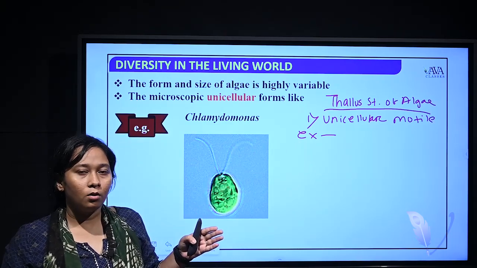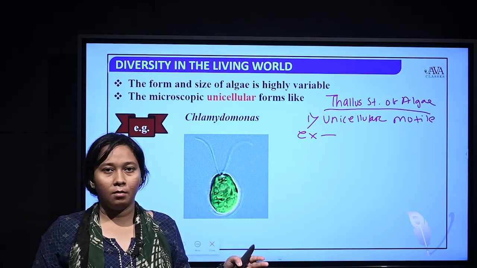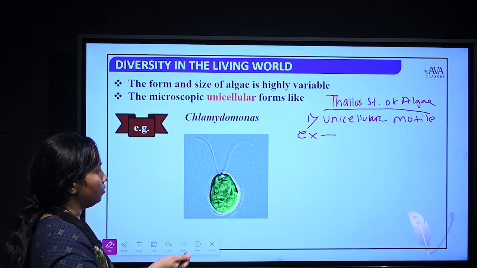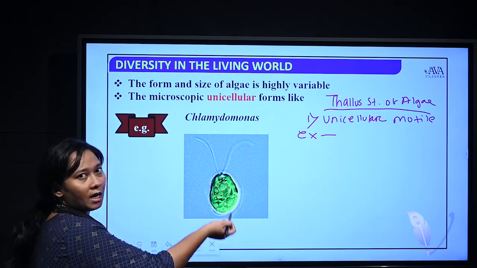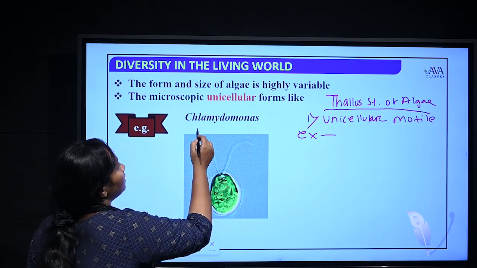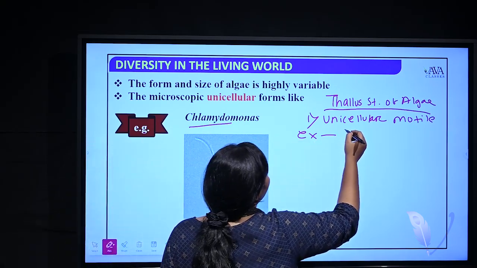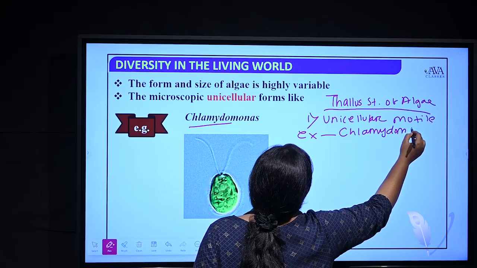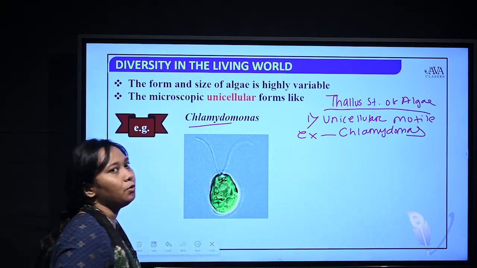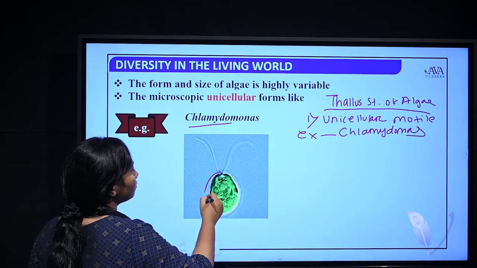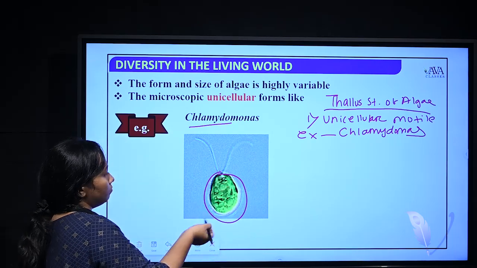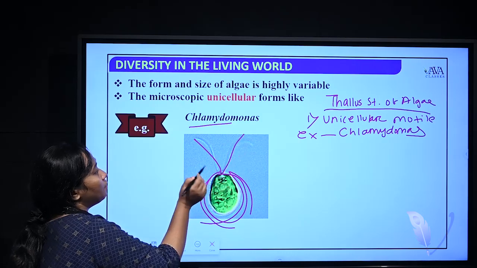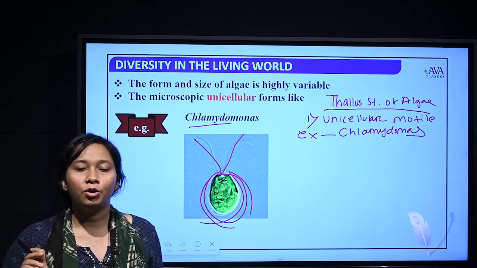They can go from one place to another by the help of a locomotory organ, that is flagella. Chlamydomonas is a unicellular algae, okay. As you can see, they have an ovoid structure, they have two flagella, and flagella are their motile organ.